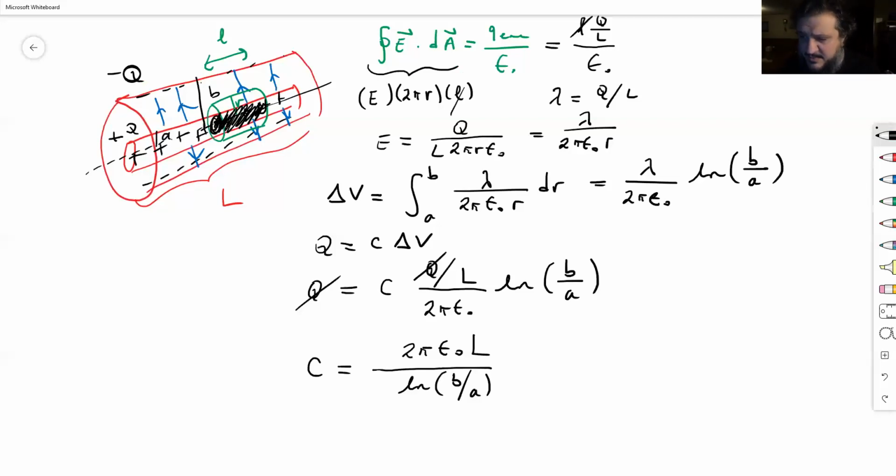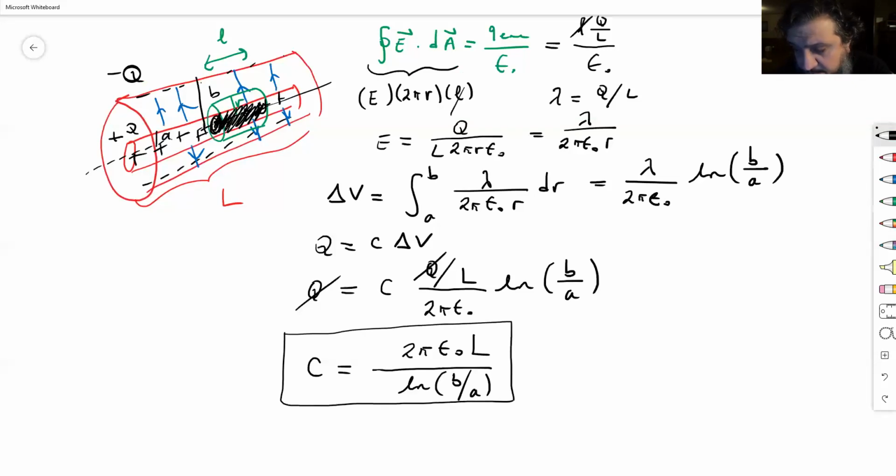And what about the denominator? Logarithm of b over a. Now, if b gets closer to a, then the denominator will be smaller, which will make the capacitance greater. Okay, so this is our formula for capacitance of a cylindrical capacitor.